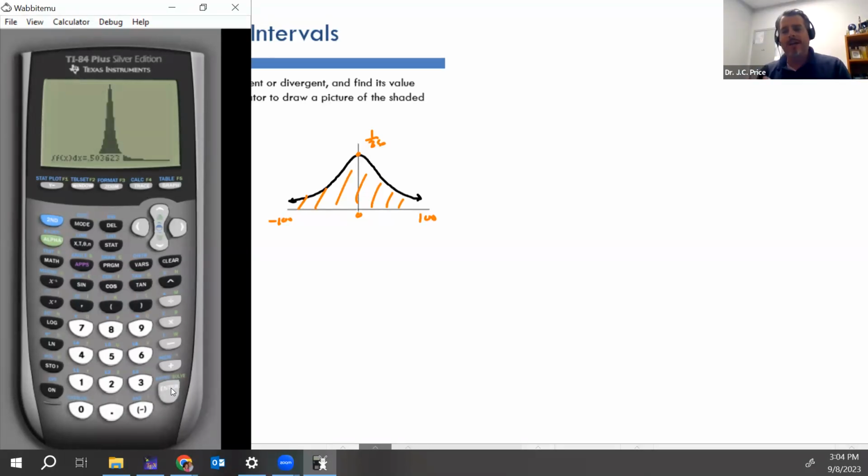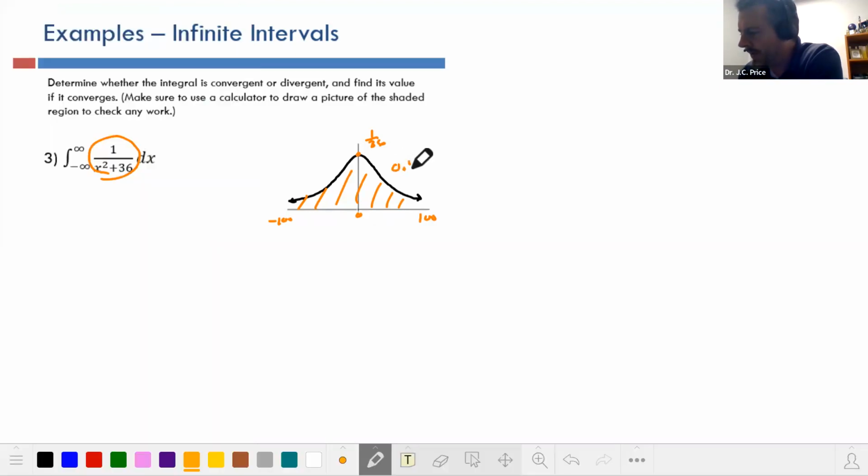Just the way the graph looks makes me feel like it should. I can't always use that, but as a rule of thumb, it does typically converge if it looks like this. And so what do we get? 0.503623. So let's write that over here. You get about 0.5036. So that's just an approximation to that improper integral.